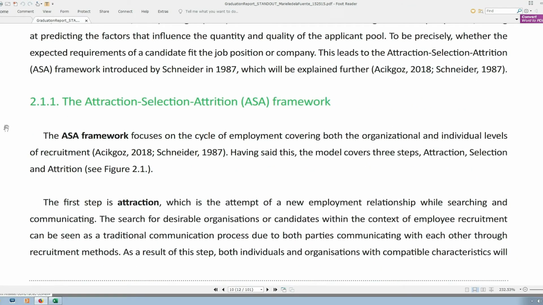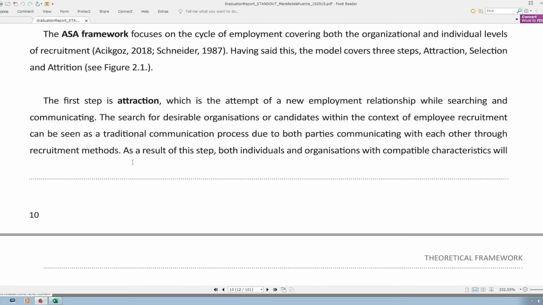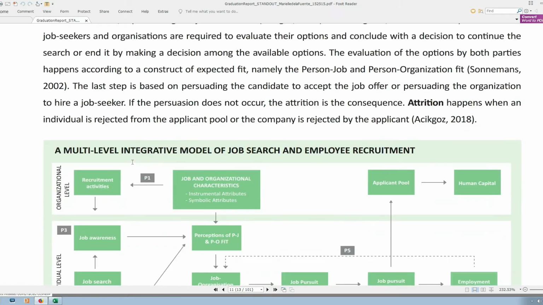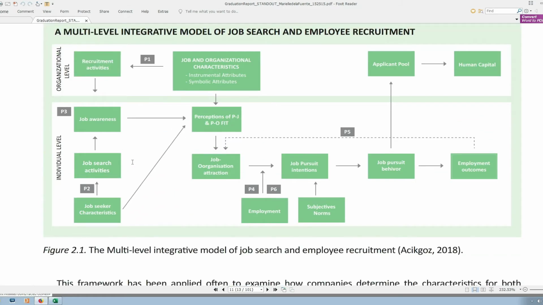Then she comes with a framework. How does it work, this recruitment process? And she includes all aspects of the recruitment process in her work.